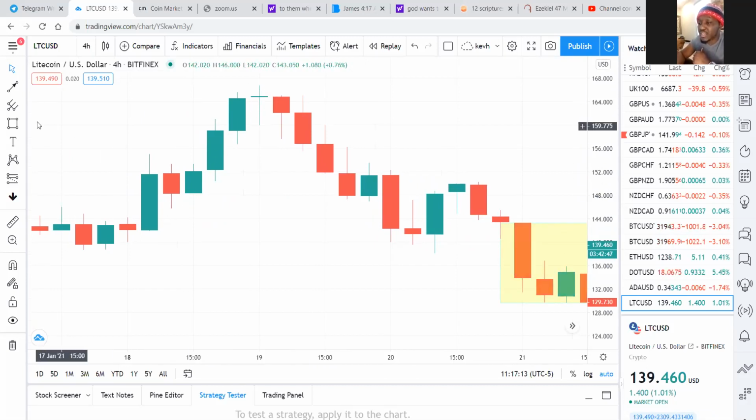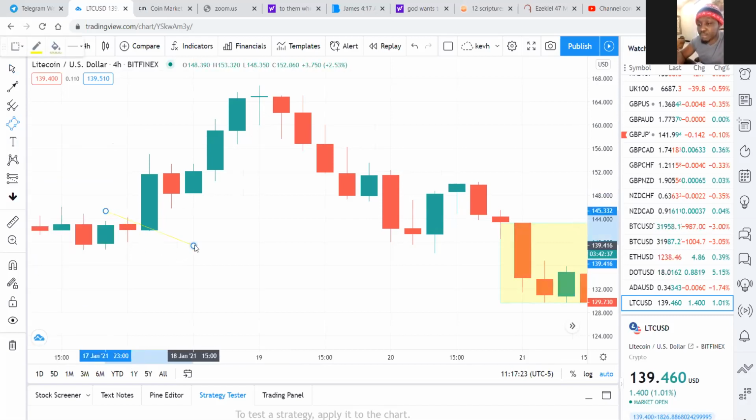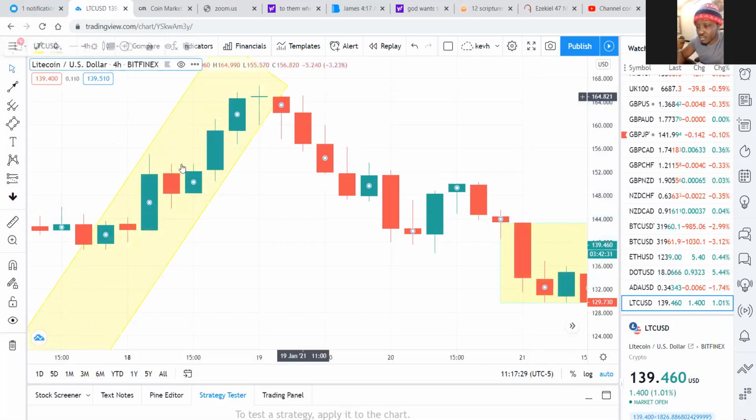right? When it occurs at the top of an uptrend, so this, let me see if we can capture this uptrend. Right, so this is an uptrend right there. I don't know if people can see that.